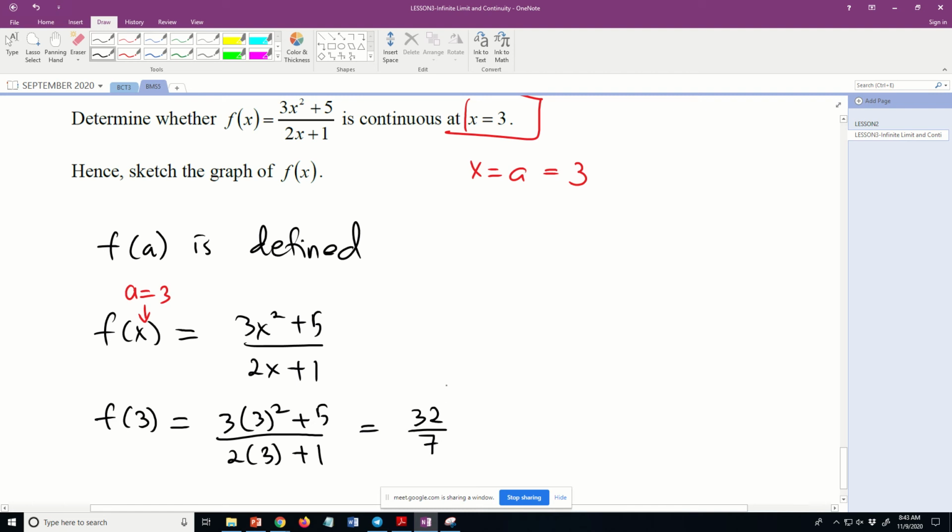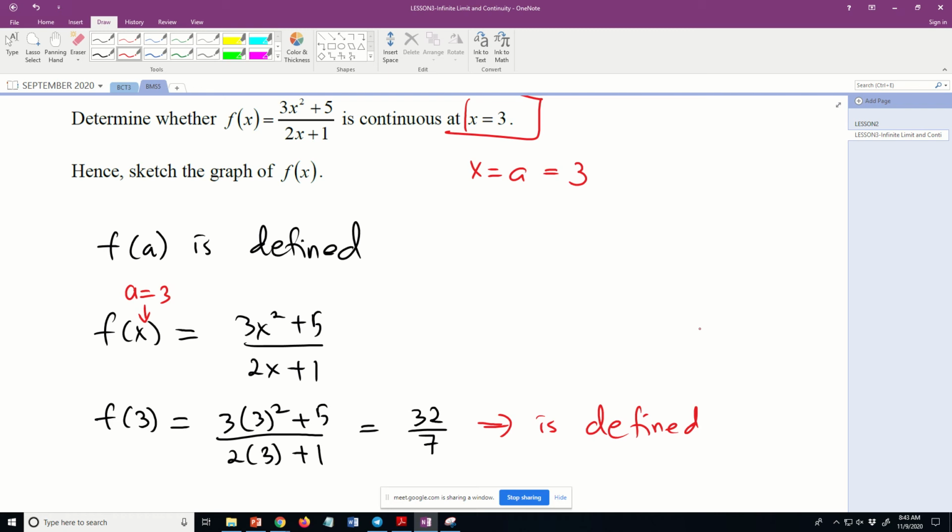Okay, now you got the answer, 32/7, right? So it means it is defined. When it has an answer, we consider it defined. Sometimes it has no answer, meaning it becomes infinity. So when there's no answer, we put not defined.